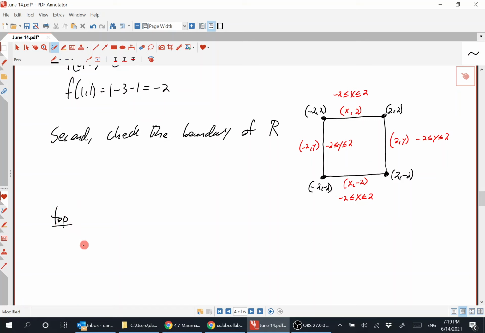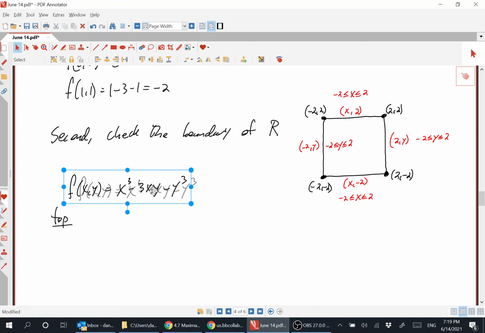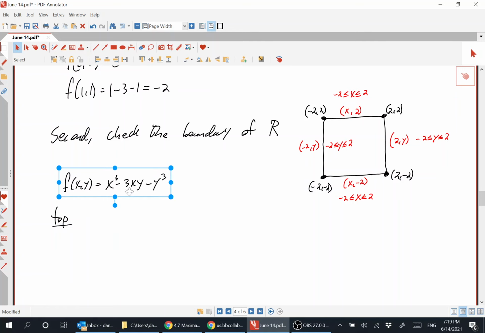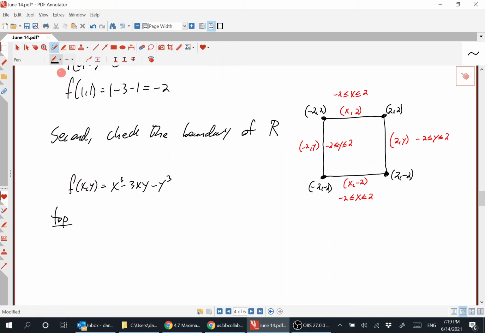Okay, top side. So put that function there for reference. On the top side, x is x and y is 2. Right? So the function becomes, and we'll just call it f, a one-variable function.